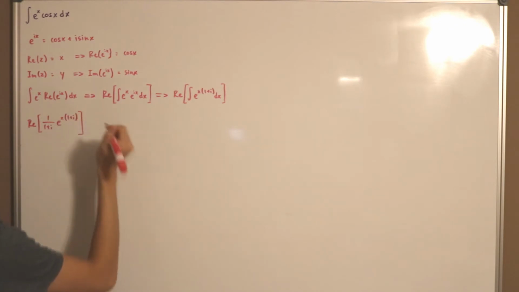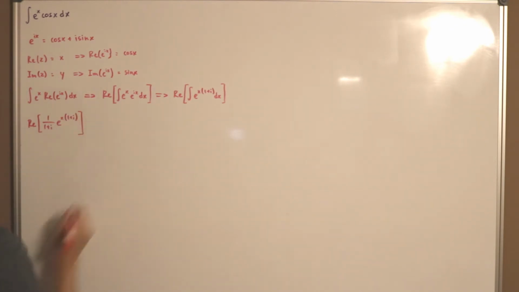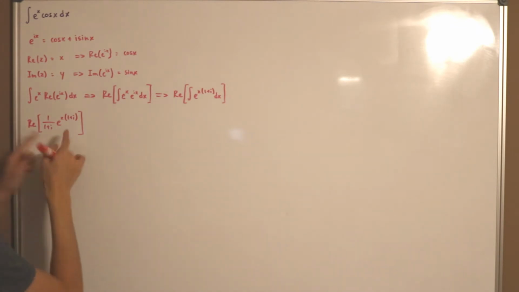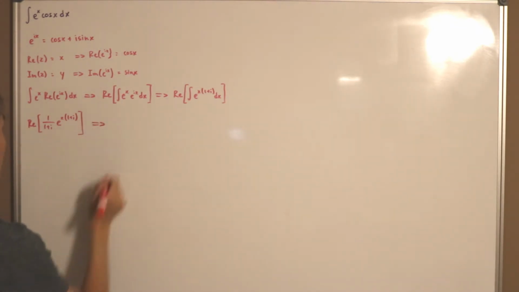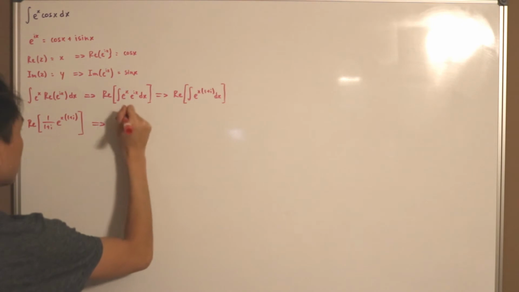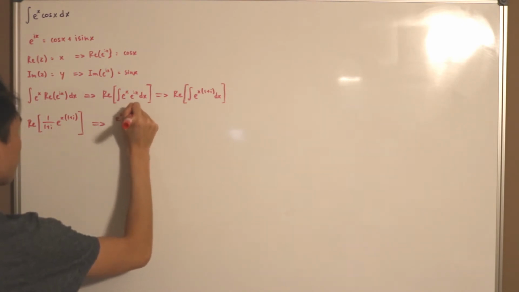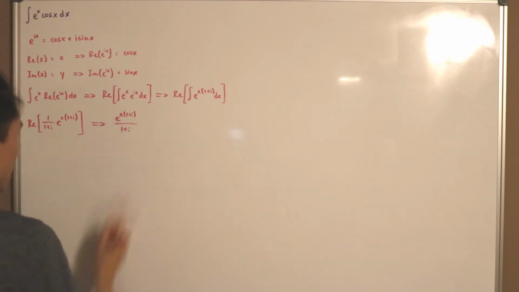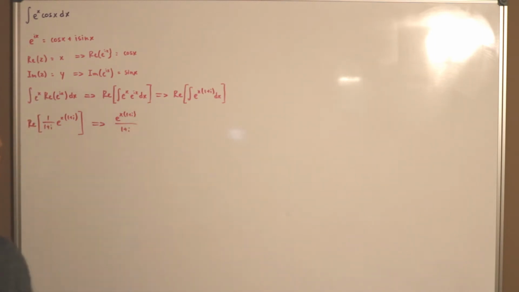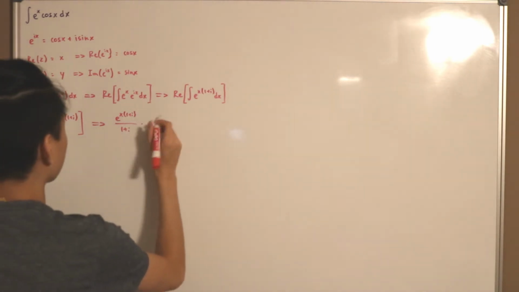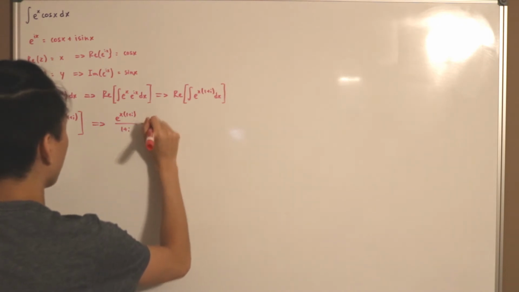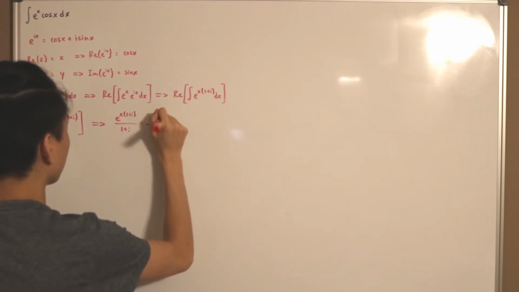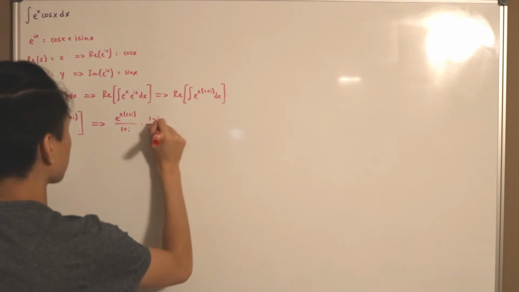Okay. Cool, so far so good. Let's ignore the notation of the real part for now and focus on the inside. What I want to do now is rewrite this as e to the x multiplied by (1 plus i) divided by (1 plus i). There's an imaginary unit on the bottom, so I can multiply by its complex conjugate. The numerator and denominator will be multiplied by 1 minus i.